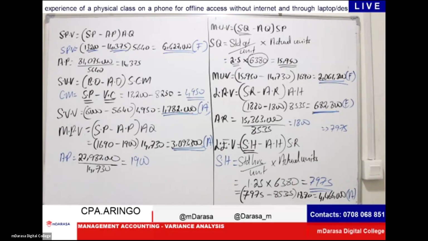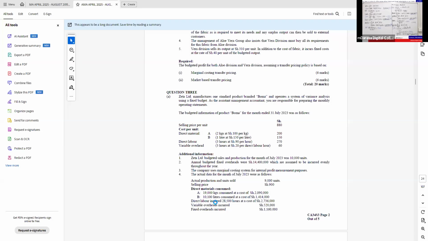Go to August 2023, Advanced MA paper, August 2023, question number 3.